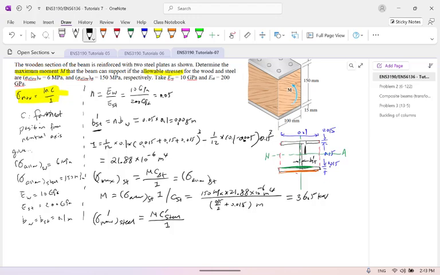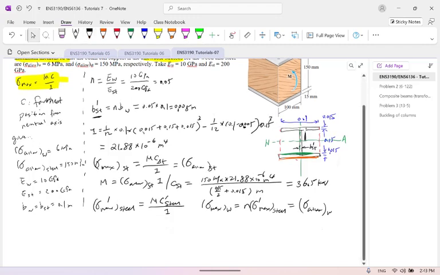So of course, sigma max for wood should equal to n sigma prime max for steel, which should be equal to sigma allowable for wood.